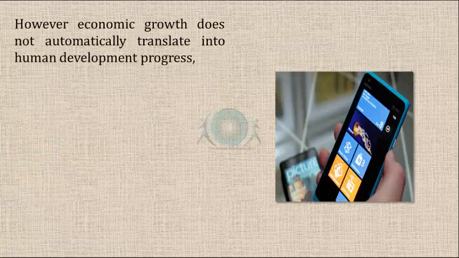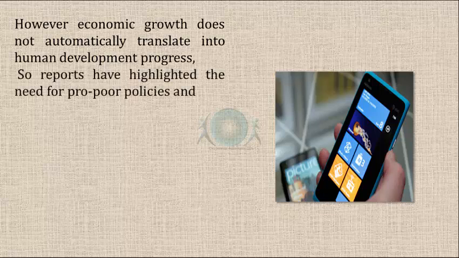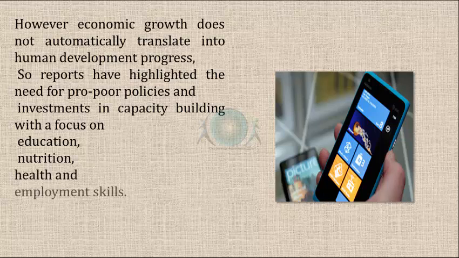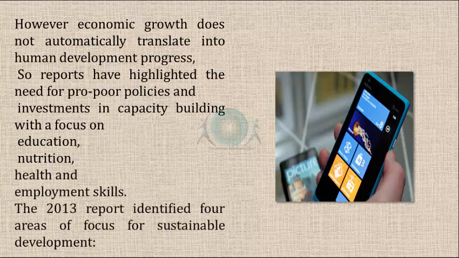However, economic growth does not automatically translate into human development progress. So reports have highlighted the need for pro-poor policies and investments in capacity building with a focus on education, nutrition, health, and employment skills. The 2013 report identified 4 areas of focus for sustainable development.